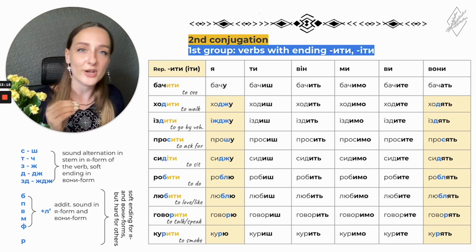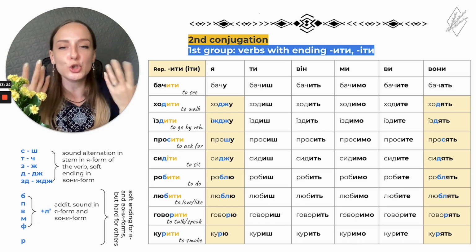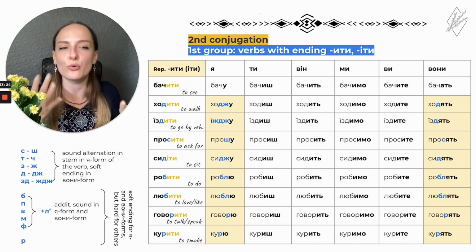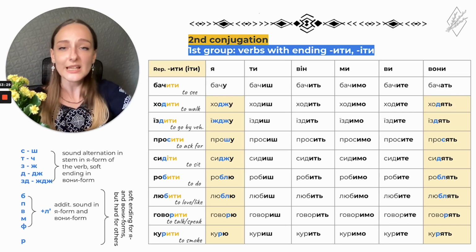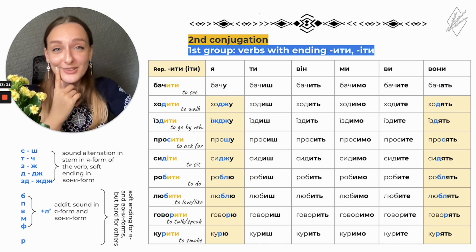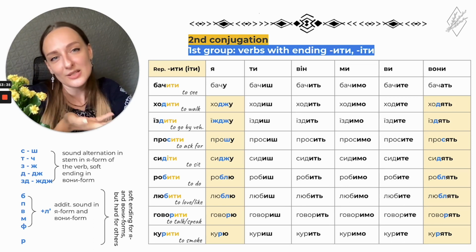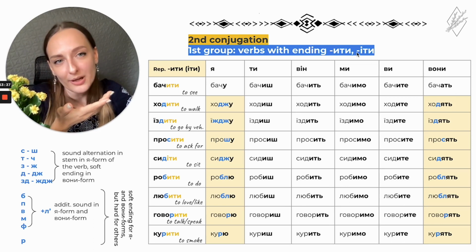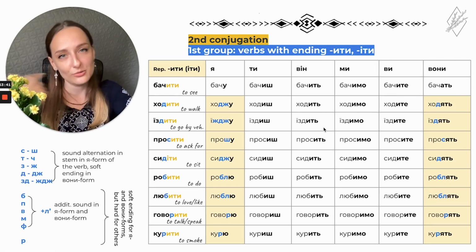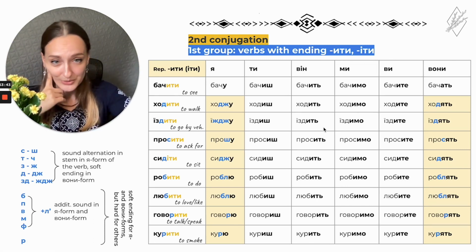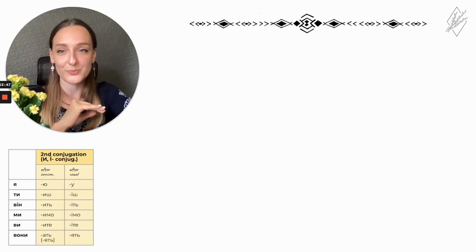Говорю, говорять, курю, курять, but говориш, куриш, говорить, курить, говоримо, куримо, говорите, курите. So I hope this is clear. Yeah, so it seems simple. You just need to drop ending, but if you have one of these situations, then you need to act according to it. Or you can just remember these forms, practicing these verbs.